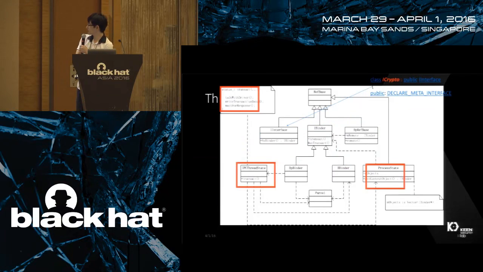And there are also some other classes here, like ProcessState and IPCThreadState. These are actually the worker classes that receive and pass through binder data. And we can see in the upper left corner there is a function called transact.